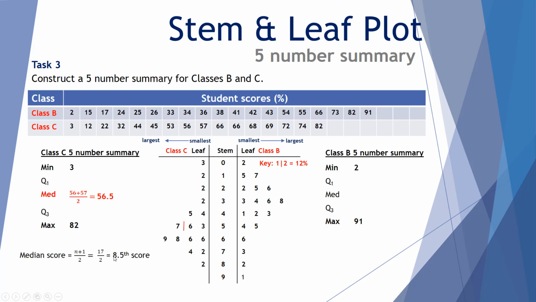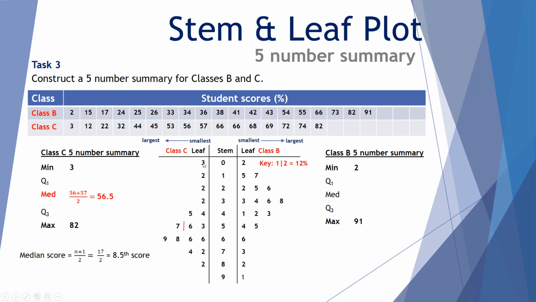Let's now look at our middle position, our median score. So here, Class C, we can see, has 16 numbers going across from left to right, ranging from 3 to 82. So n is 16. 16 plus 1 gives me 17 divided by 2 tells me that the median number will be the 8.5th score. So it's between the 8th and the 9th score.